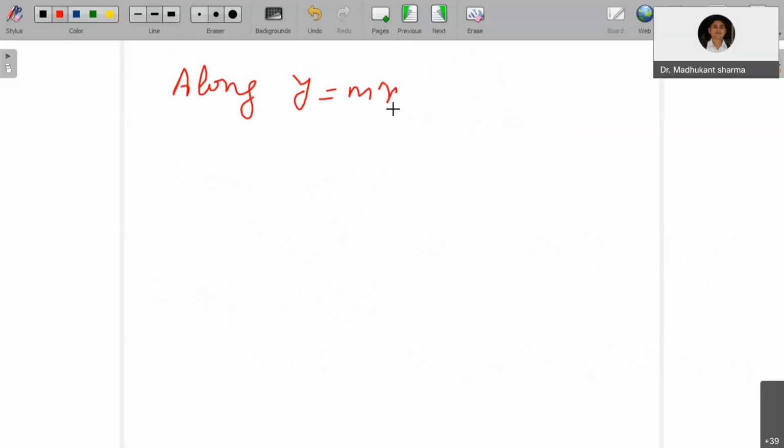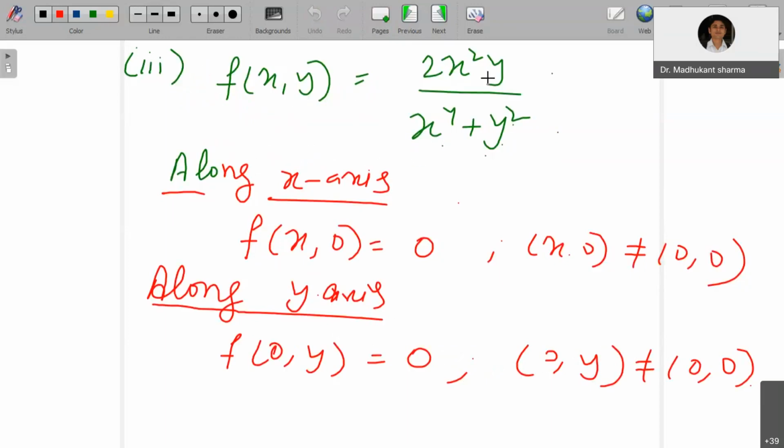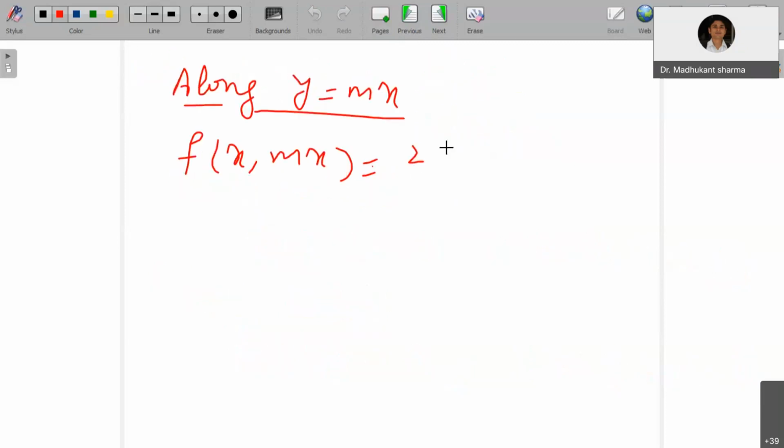Now again, let's check along y equals mx. So what is f of (x, mx)? That is going to be 2 times x square times y, where y is mx, so 2mx cube divided by x to the power 4 plus y square, where y square is m square times x square.